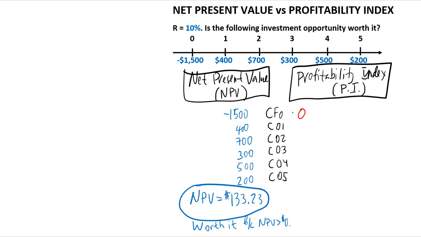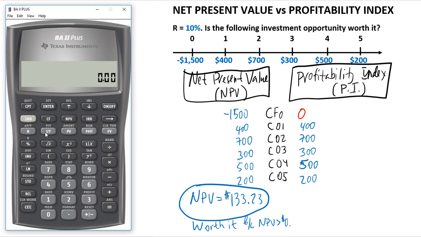And so in the cash flow keys, I will need to save my cash flow 0 as $0. And then 400, 700, 300, 500, and 200, just like with the net present value technique. And once again, I will be computing NPV at 10%. Let's do that.